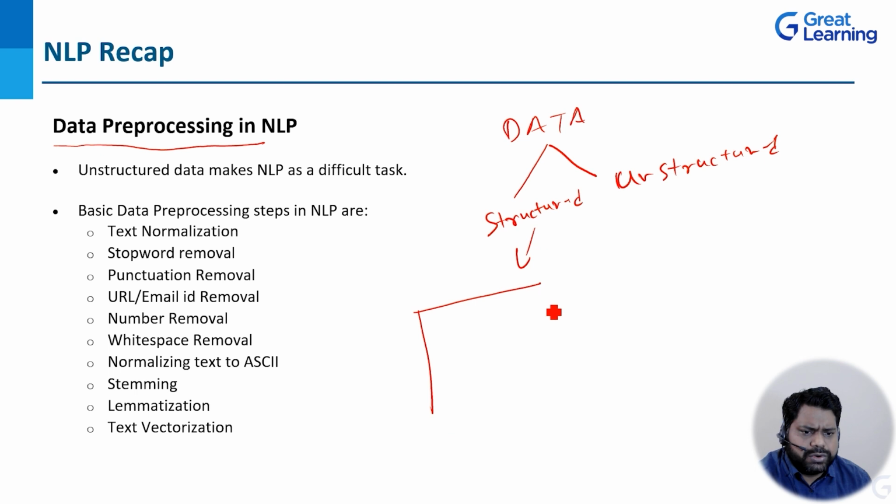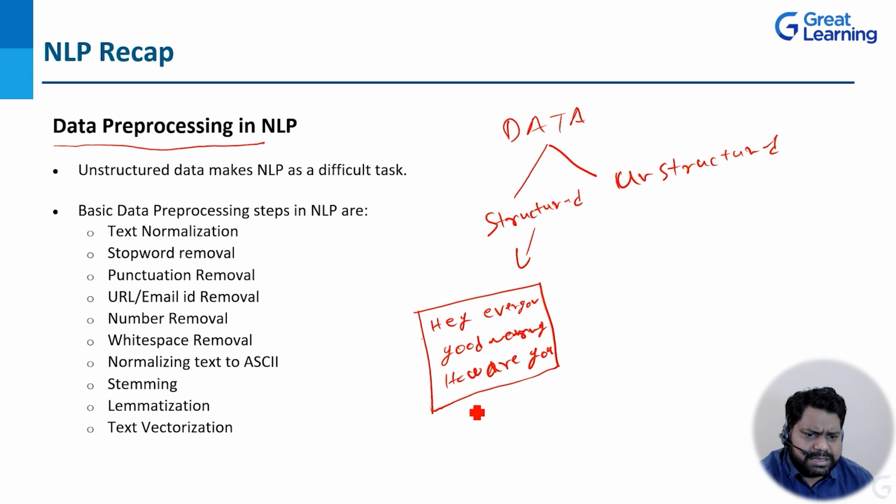If your data is something like, for example, hey everyone, good morning, how are you, let's say. So we can say that there are three sentences, and all the sentences are nicely structured.